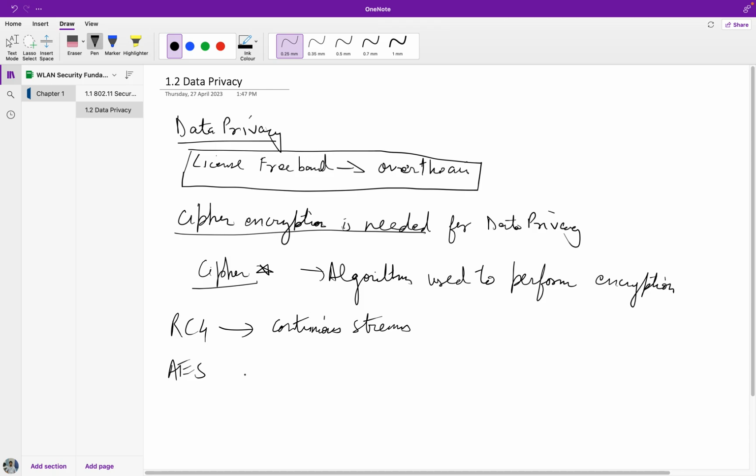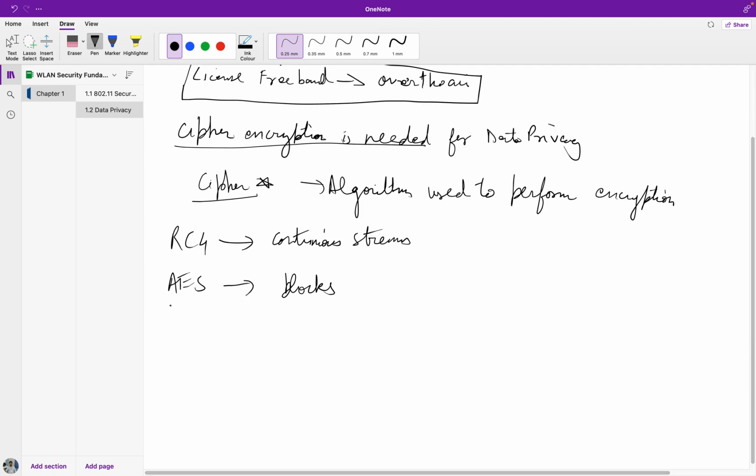And there are some ciphers which encrypt data in groupings known as blocks. So they encrypt data in blocks like the AES algorithm or the AES cipher.